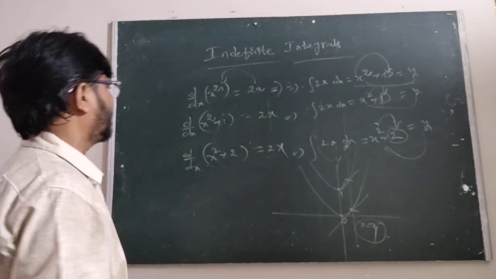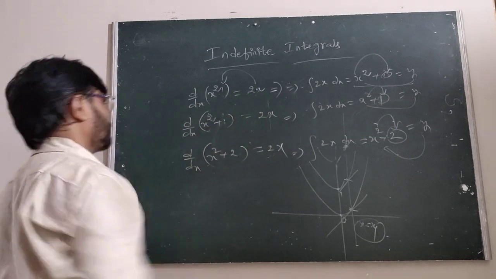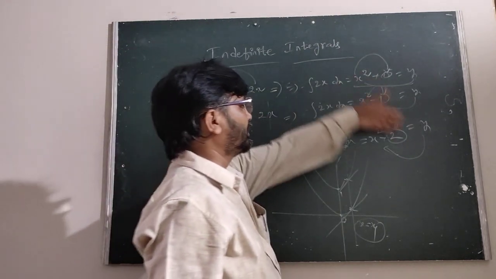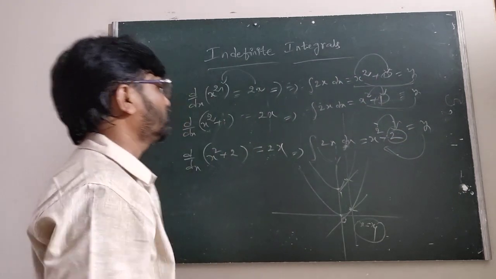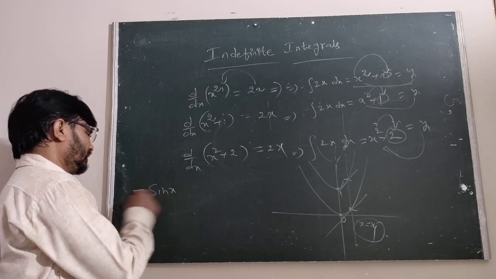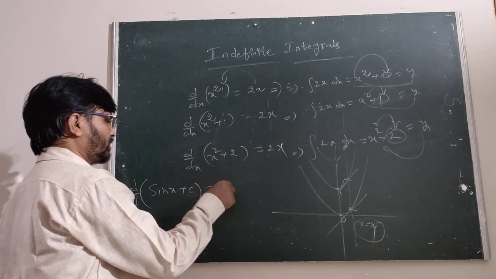Therefore, the integral of 2x, giving x square, x square plus 1 and x square plus 2, are all the same, but the arbitrary constant is different. That's why, suppose d by dx of sin x plus c, we can write cos x.